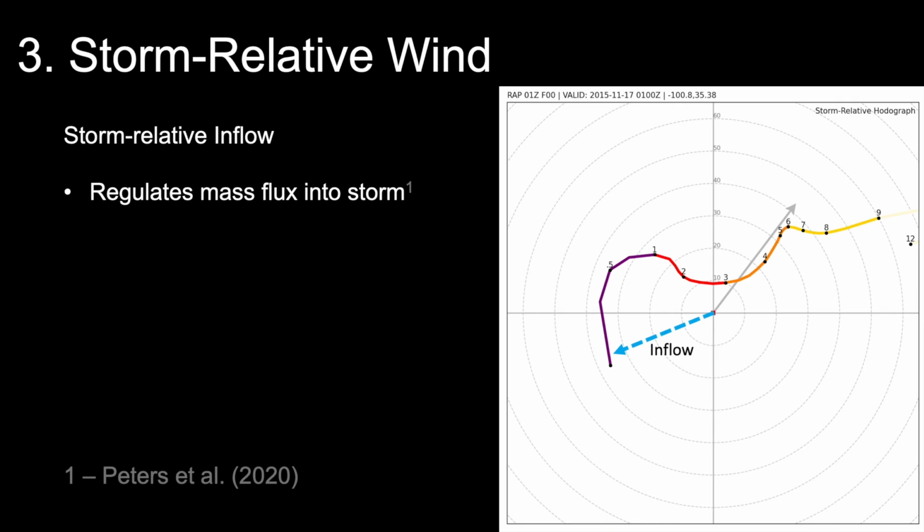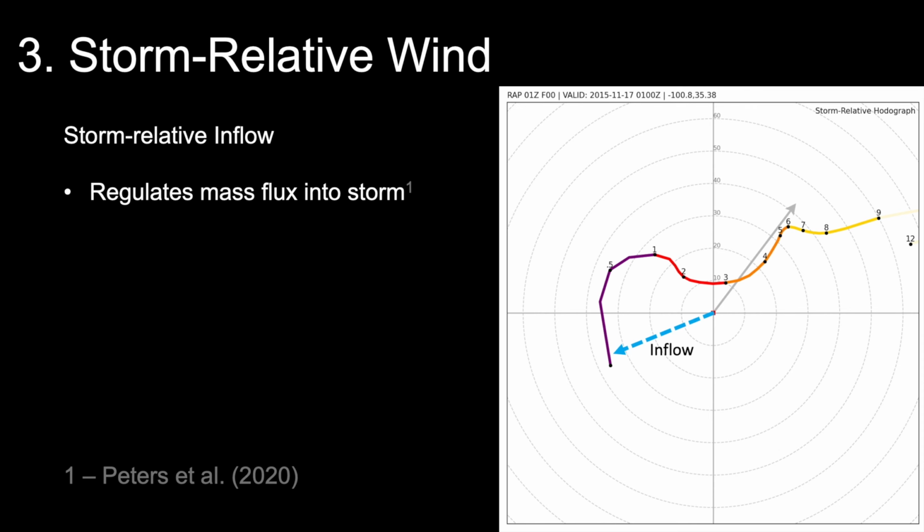But we're a lot less used to dealing with this concept of storm relative inflow. And this is something that has really only taken off in the past couple of years, but shows a lot of promise in being able to diagnose and understand potential storm morphologies. Because what storm relative inflow does is it regulates the mass flux or the moisture flux into the thunderstorm.